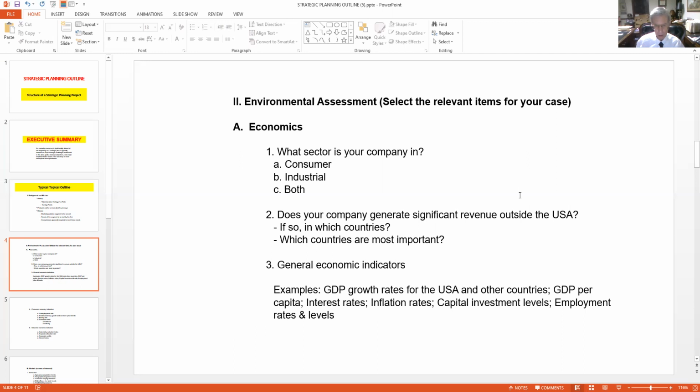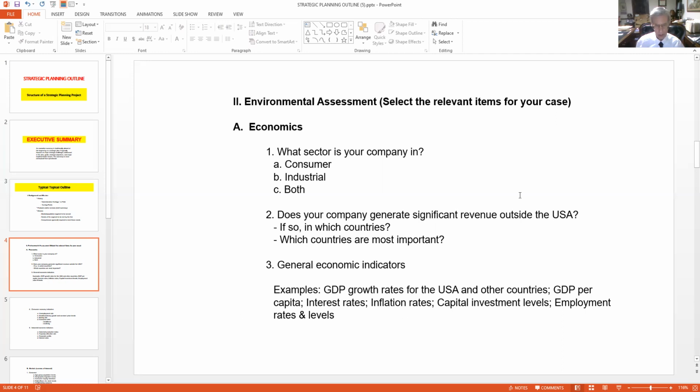Pfizer is in a great many countries, and Ford is all over the world and is making a real strong attempt to improve its position in China, which is the world's largest market for cars. More cars are produced and purchased in China than in the United States or any other country. So if you're in the auto industry and you're not playing ball in China, you're not in the major leagues.